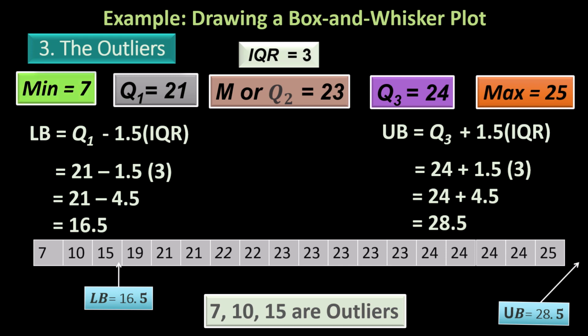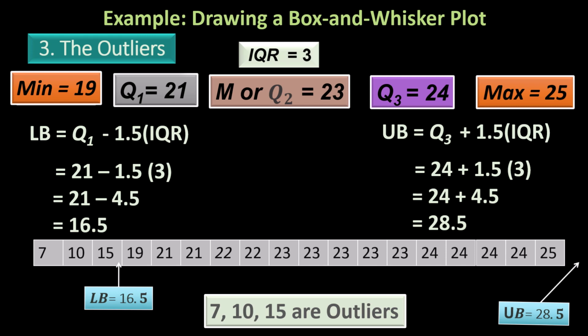That means we remove 7, 10, 15. Then what is the minimum number? Now the minimum number is 19. Therefore, we change our minimum number to 19. Now we have the 5-number summary: minimum is 19, Q1, Q2, Q3 and the maximum. And also we know the outliers.